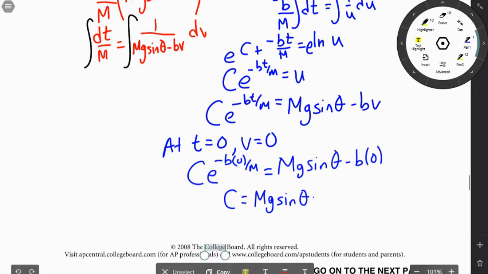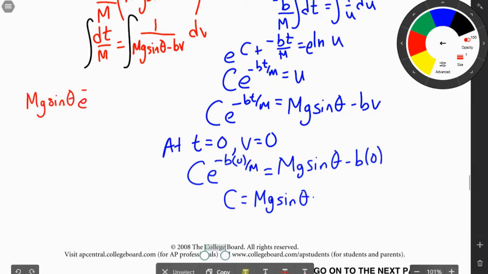Sorry, I'm kind of running out of room. I'm writing big. And so now my function at this point is mg sine theta e to the negative bt over m equals mg sine theta minus bv. Now I'm just going to solve it for v.